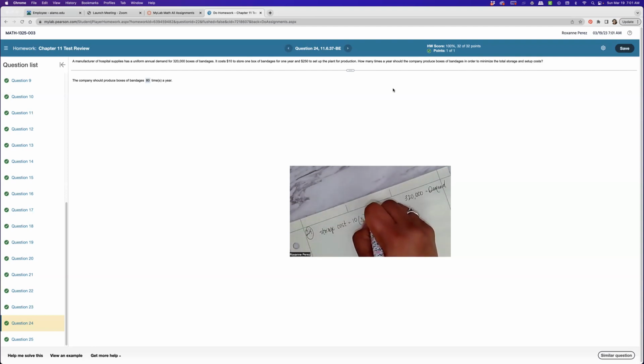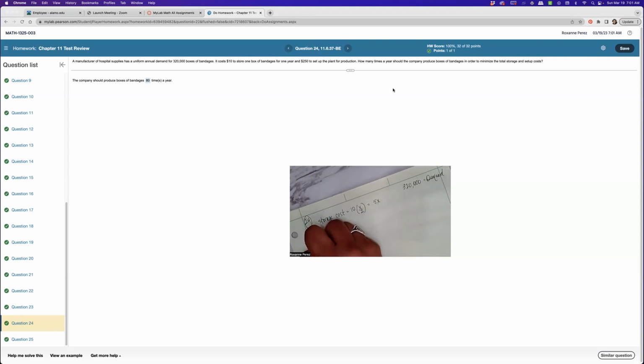And that's going to equal 5x. Okay. And then we are going to set up our number of production runs. That's going to be, I'm sorry, 320,000 divided by X, the quantity per run.